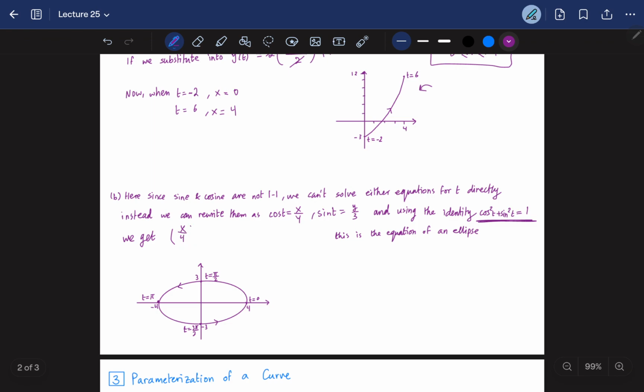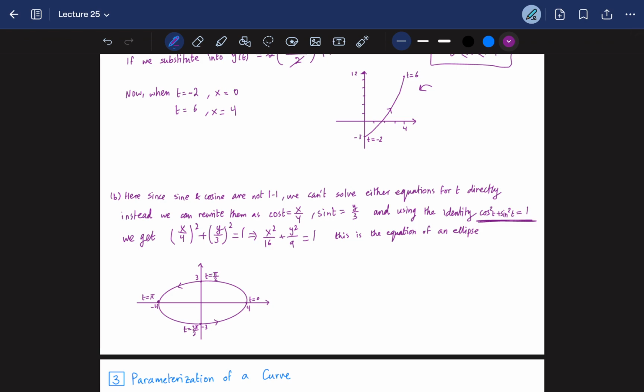So you're going to have x over 4 squared plus y over 3 squared, and that's equal to 1. Then you're going to get x squared over 16 plus y squared over 9 equals 1. And this is an equation of an ellipse.